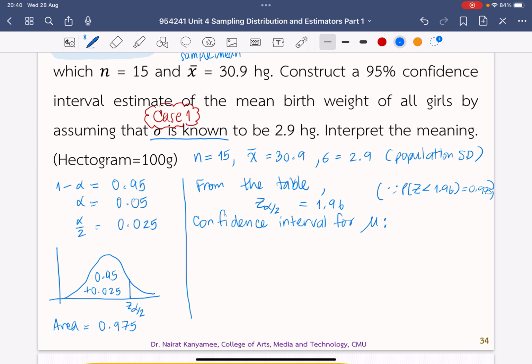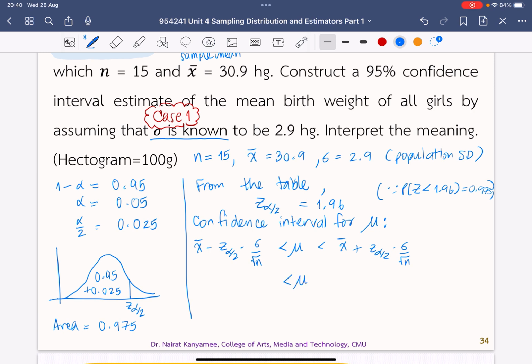The formula is x bar minus z alpha over 2 times sigma over square root n, less than mu, less than x bar plus z alpha over 2 times sigma over square root n.